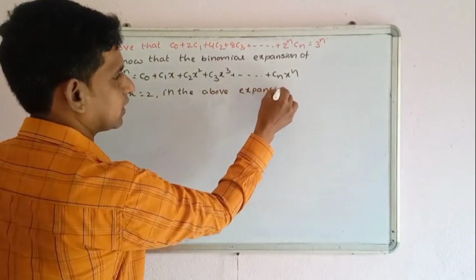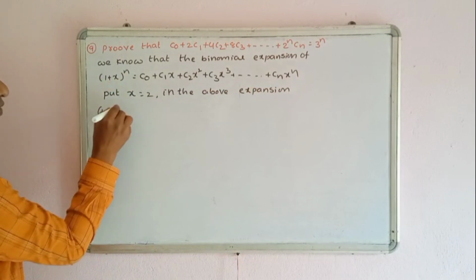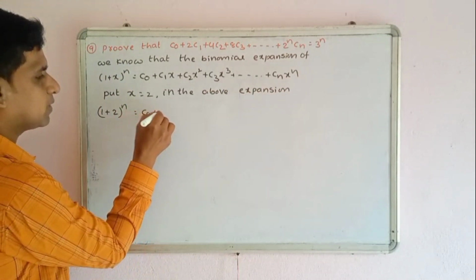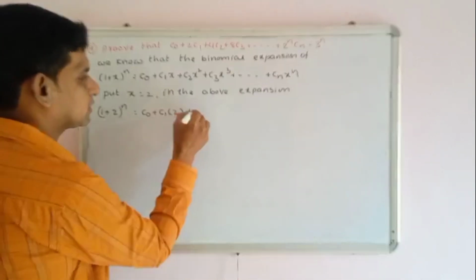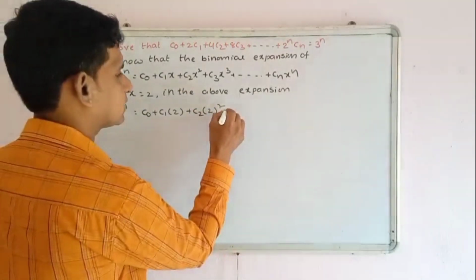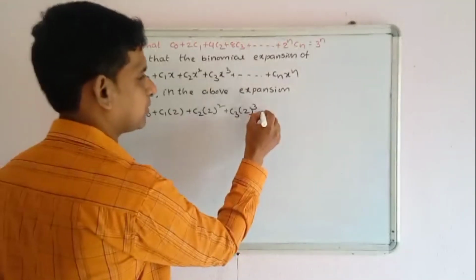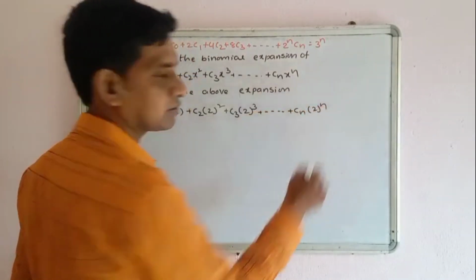Substituting x equal to 2, what happens? (1 plus 2) whole power n equals C0 plus C1 into 2 plus C2 into 2 square plus C3 into 2 power 3, that means 2 cube, plus so on, Cn 2 power n.